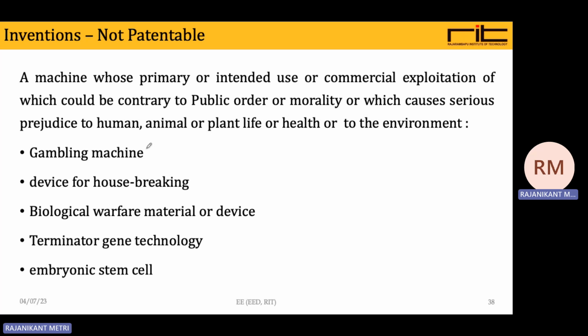For example, a gambling machine, a device for housebreaking, or biological warfare. In the last few years there were talks about biological war or virus wars due to corona, and those can't be patented. Or terminator gene technology, embryonic stem cell. These inventions cannot be patented.